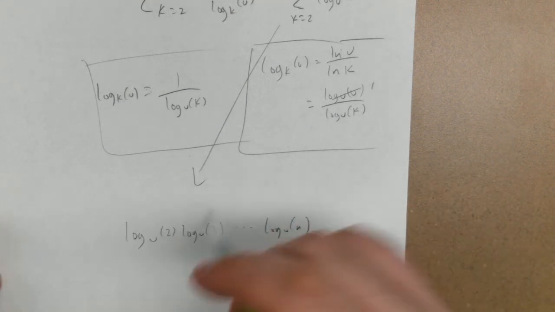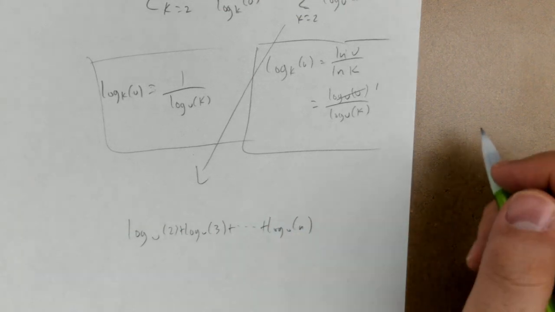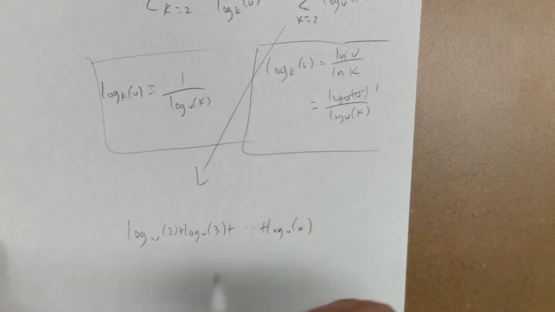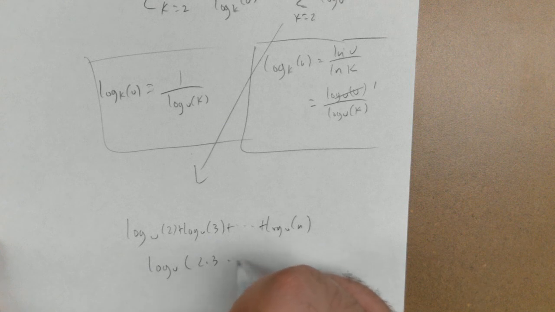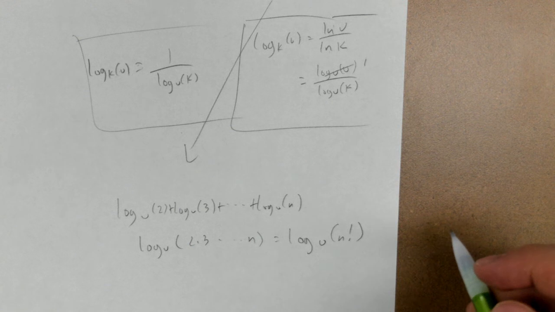Sorry, we're adding these, aren't we? And that's why we couldn't do that before, because we were adding across the denominators, but now that we're adding straight across, the logarithm trick is that this becomes a product. So 2 times 3 times to n, and there's no 1, but 1 multiplied by 1 wouldn't do anything. So that's really just log base u of n factorial is the final formula there.